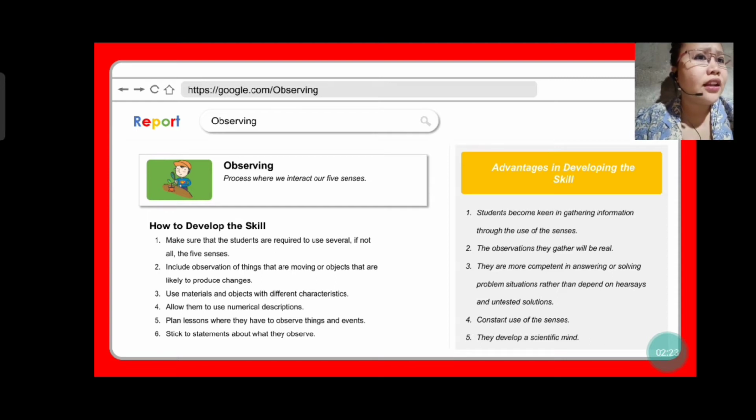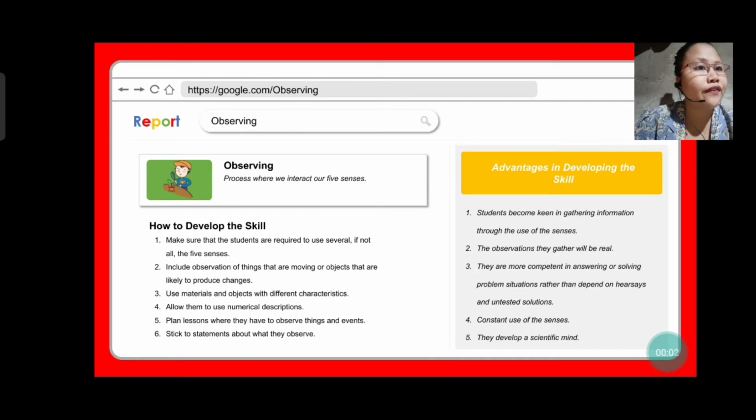Third, they are more competent in answering or solving problems and situations, rather than depending on hearsay and untested solutions. So they don't depend on fake news, since they know that through observing, they will gather real information. So they will be more competent in solving problem situations based on their observation.